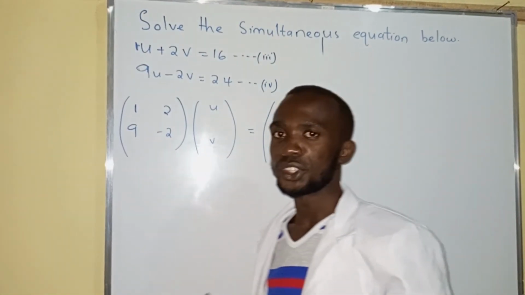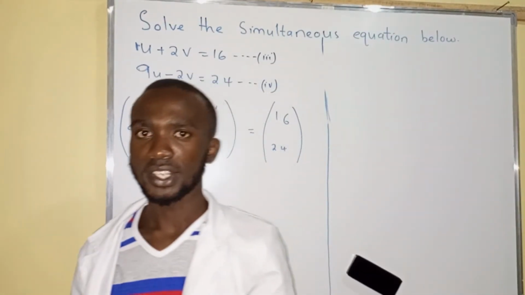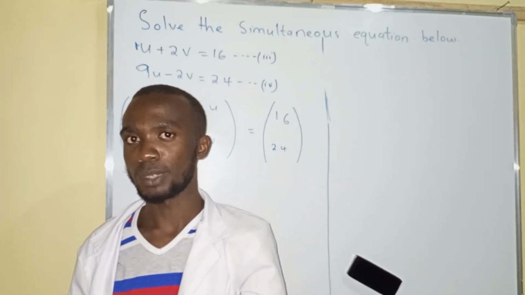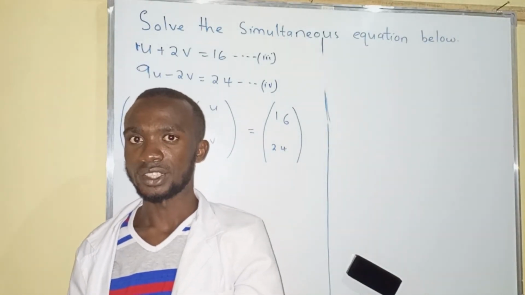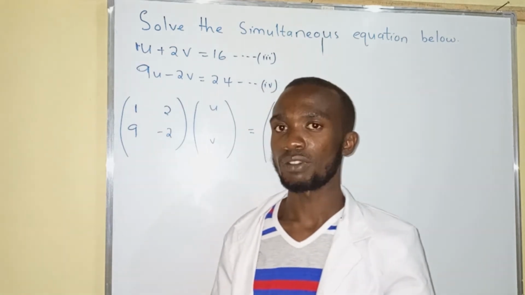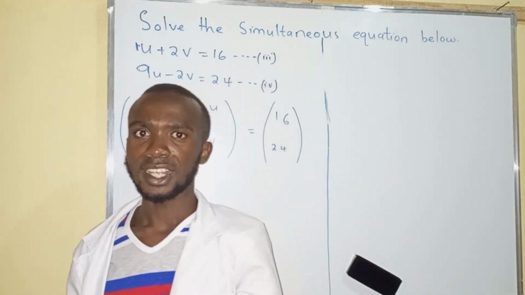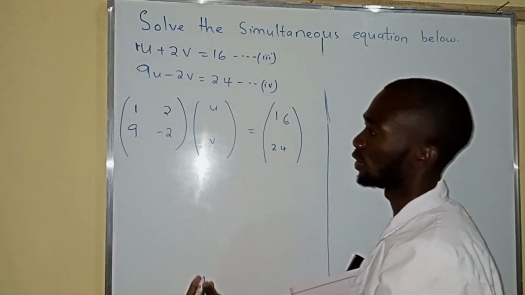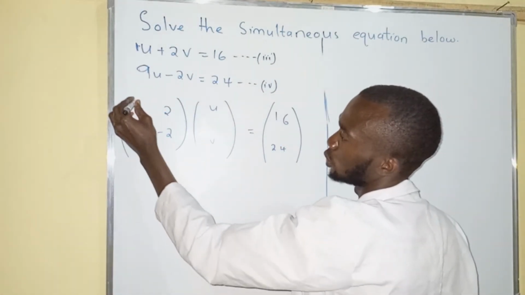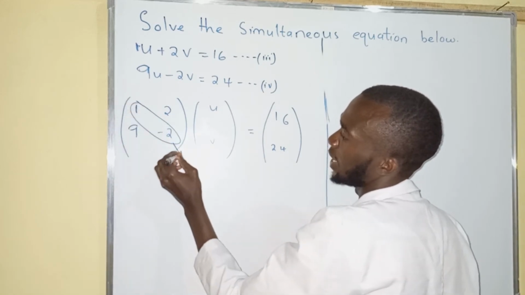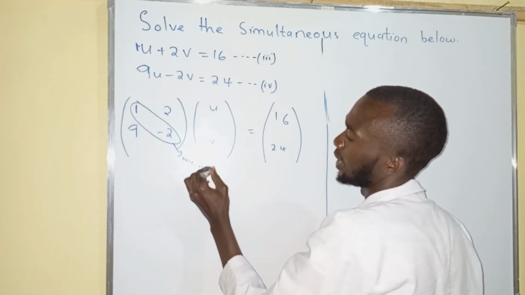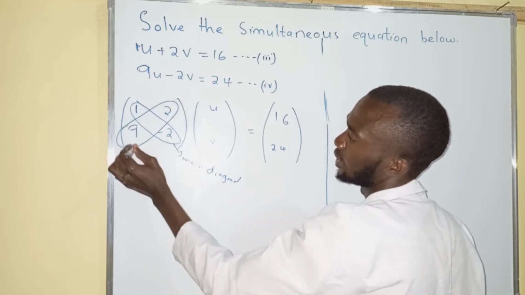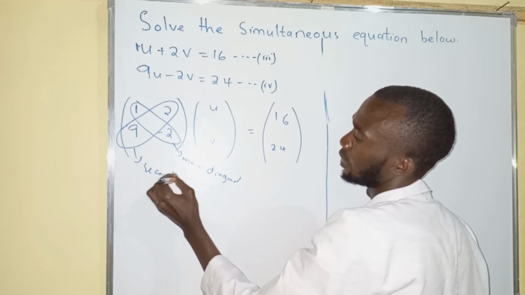Now, the second procedure, I am going to find the determinant of the 2 by 2 matrix. Then after finding the determinant, I find the inverse of the matrix. How do I find the inverse? I interchange the elements in the main diagonal, minus the secondary diagonal. So these elements, 1 and negative 2, are the primary main diagonal, and this is the secondary diagonal.